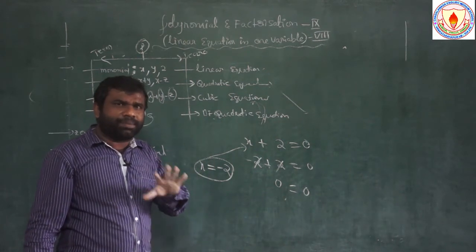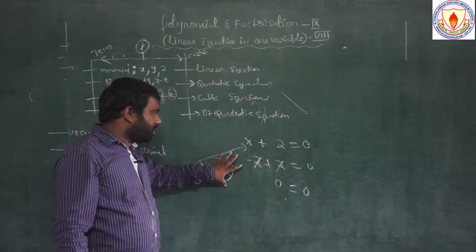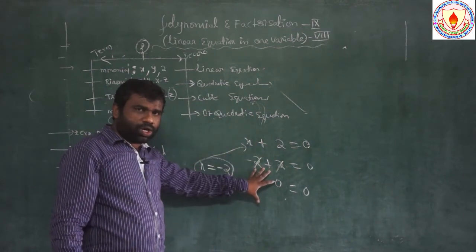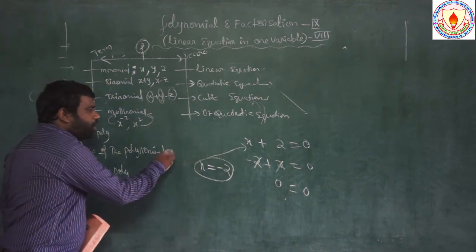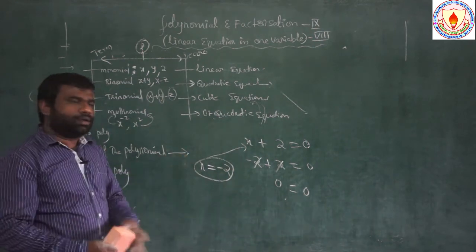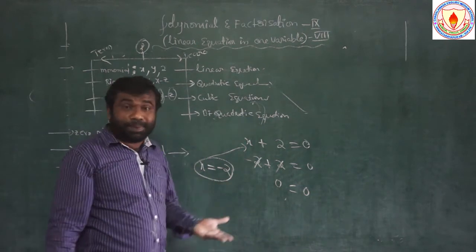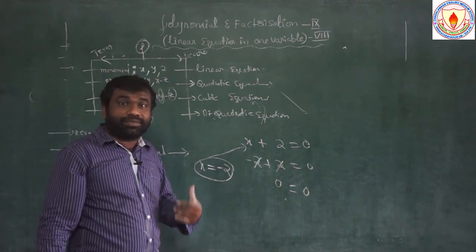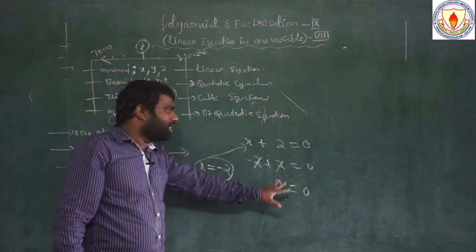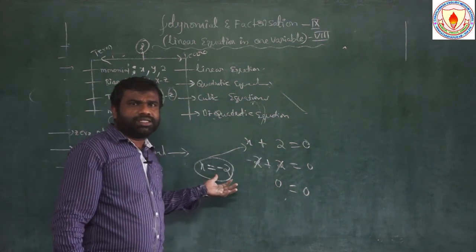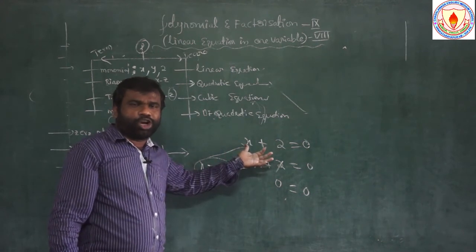These are different names but the same meaning. So 0 of the polynomial means by what value we are replacing the variable, if it satisfies the equation, then that value is 0 of the polynomial.